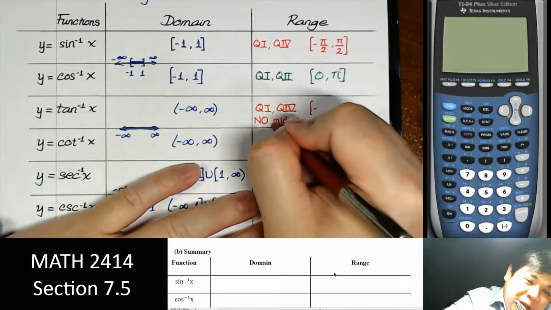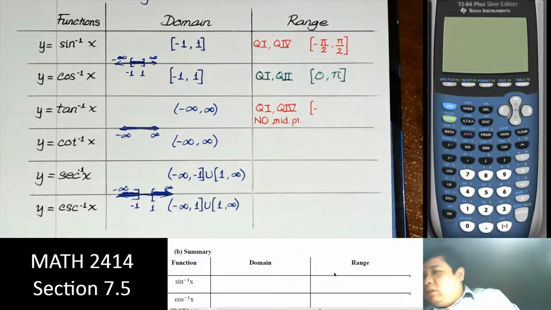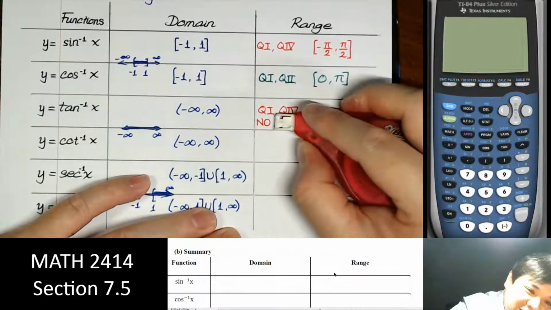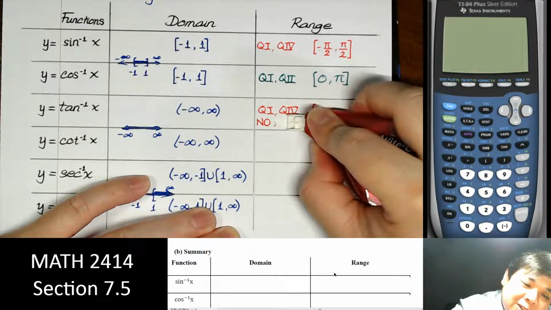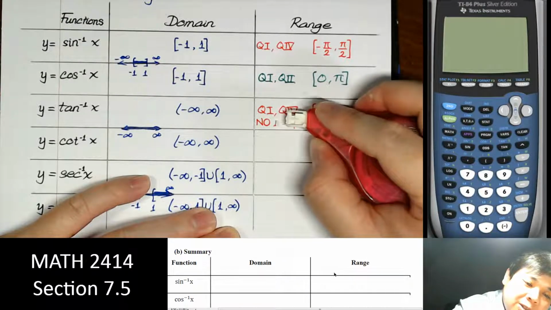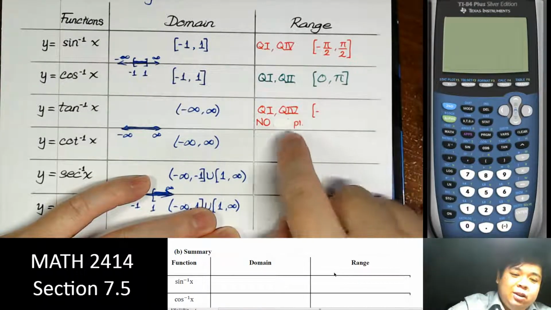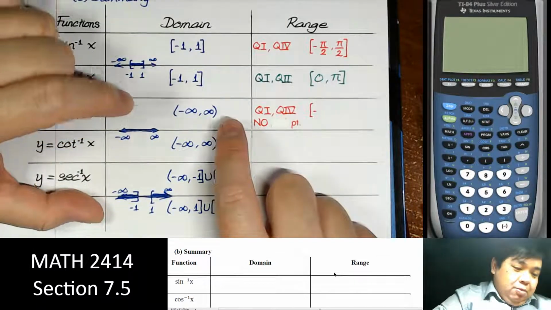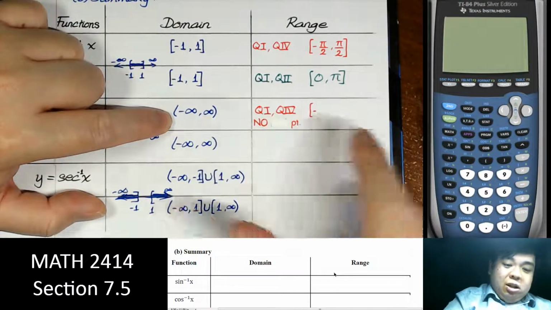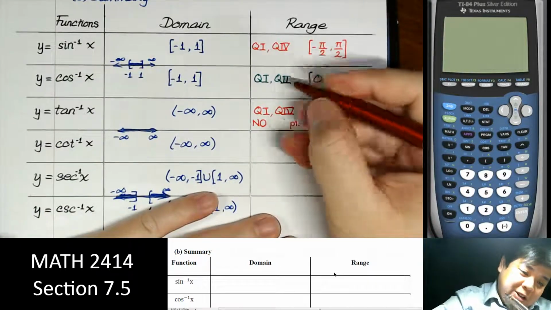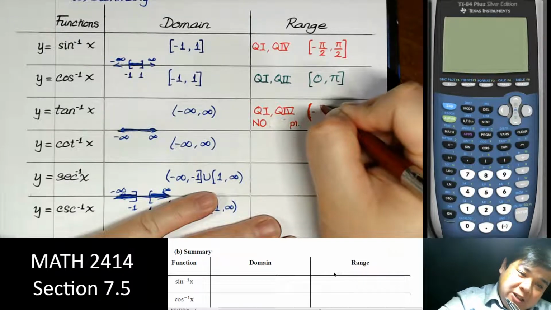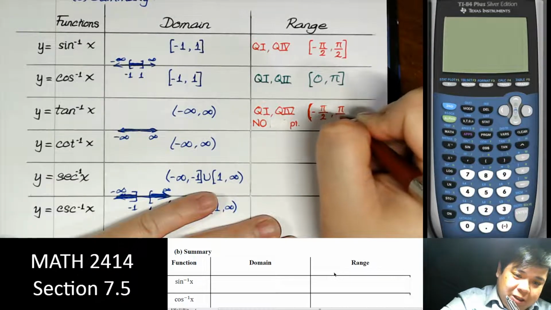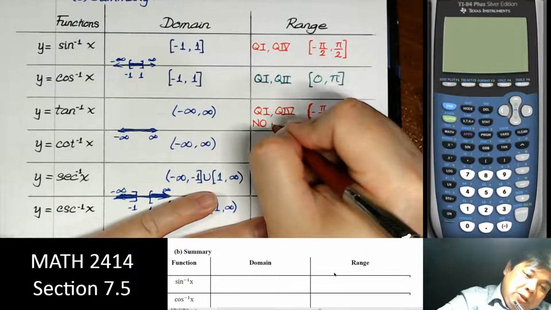Sorry, no endpoint, because the domain is not closed at the end, so it's the same thing for the range. It'll be parentheses, so there's no endpoint.